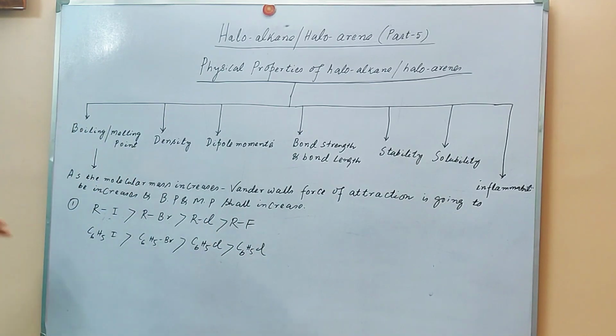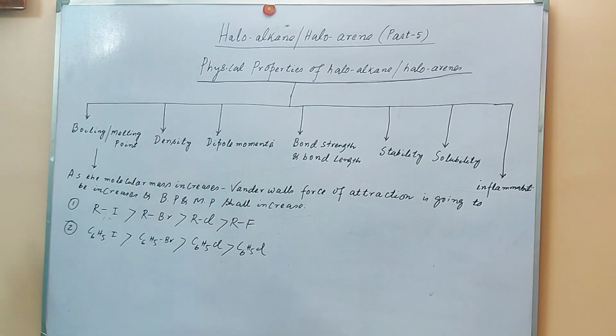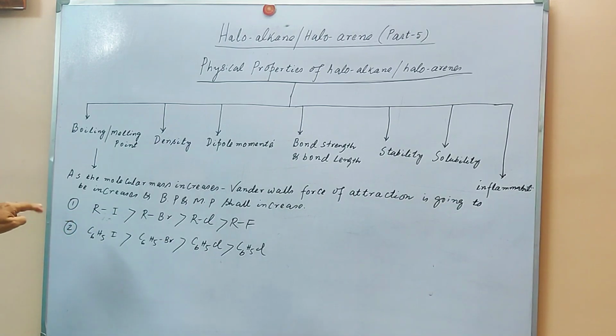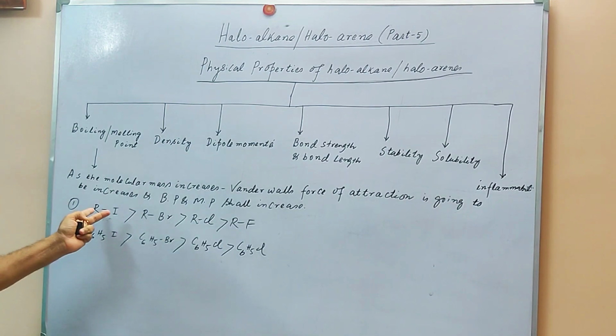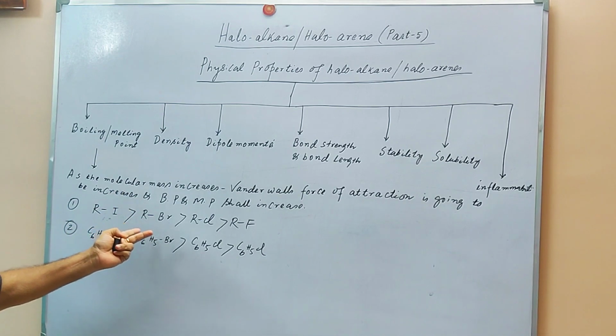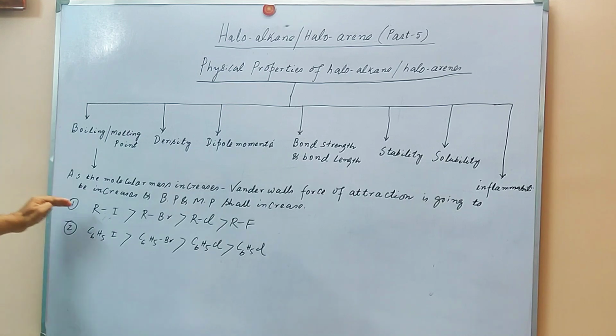The boiling point goes on decreasing as we go from alkyl iodide, followed by alkyl bromide, then alkyl chloride. In this fashion the boiling point goes on decreasing.